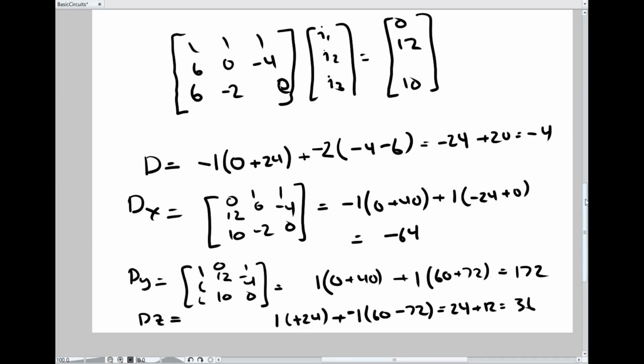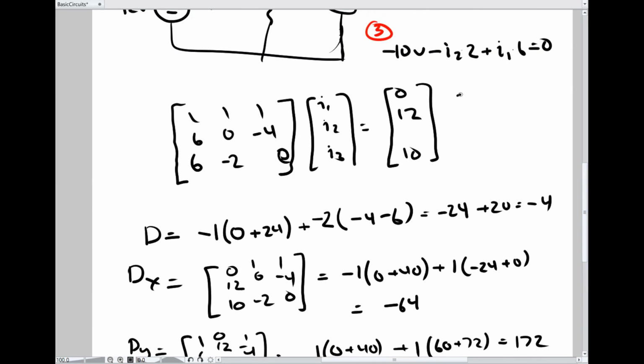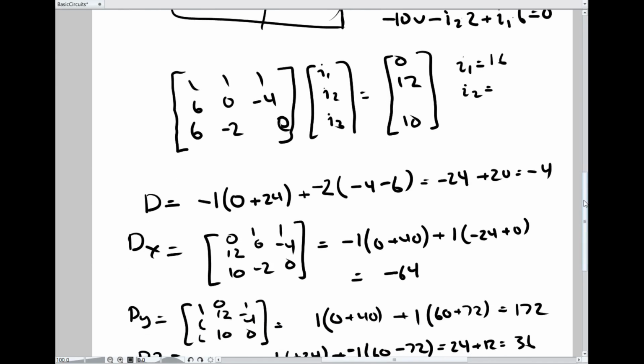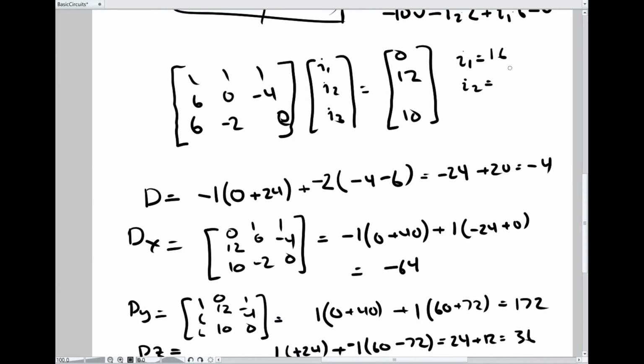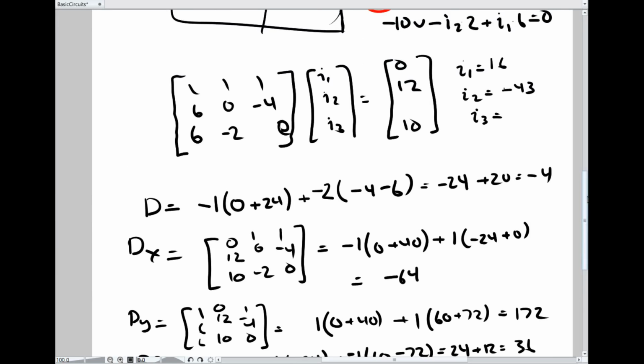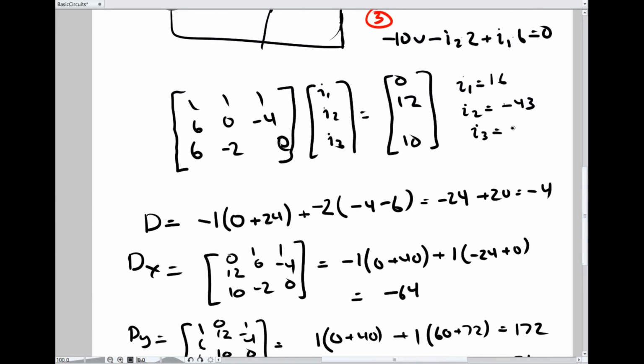Okay, so that would mean that my I1 is equal to 64 over 4, which is 16. I2 is equal to minus 172 over 4, which is minus 43, and I3 is equal to 36 over minus 4, which is minus 9.